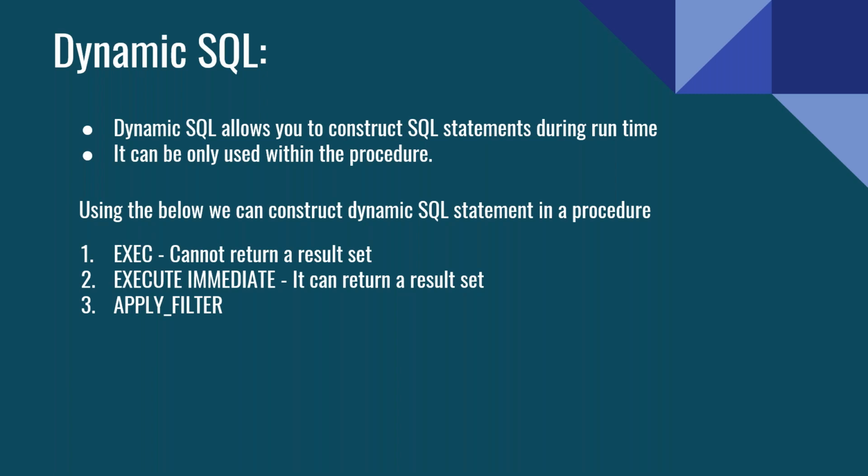It expects two parameters: a table name and a where condition. So it will generate a dynamic query on that particular table with that where condition. So we have seen that already.